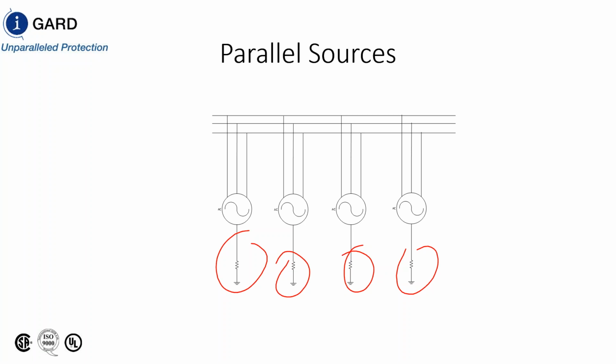If you have replaced these resistors with a zigzag transformer and resistor on the zigzag, you can maintain the system operational.